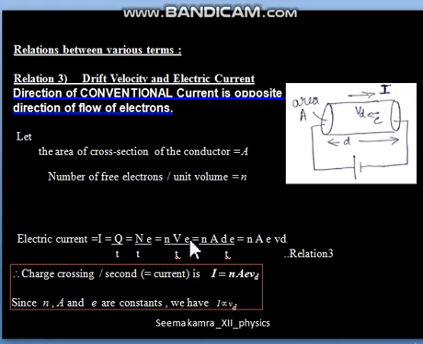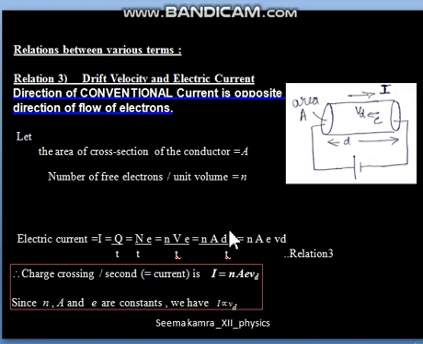Then this volume term is broken into area into length, or length of the conductor or distance of the conductor. If the cross-sectional area of the conductor is A and length is D, then the volume of the whole conductor will become A into D. So here this volume term is replaced by AD.